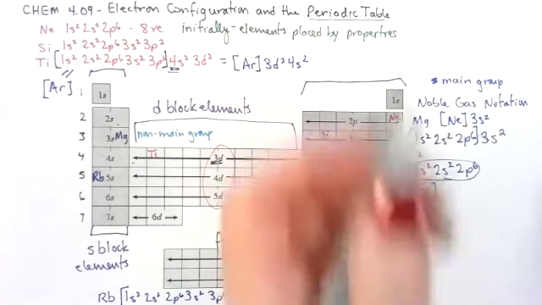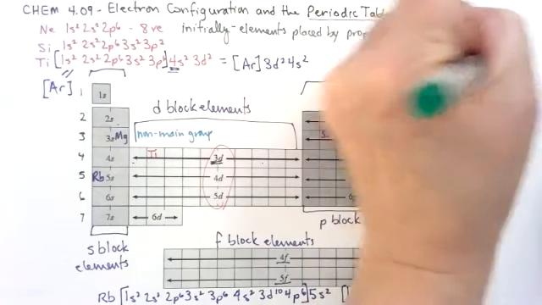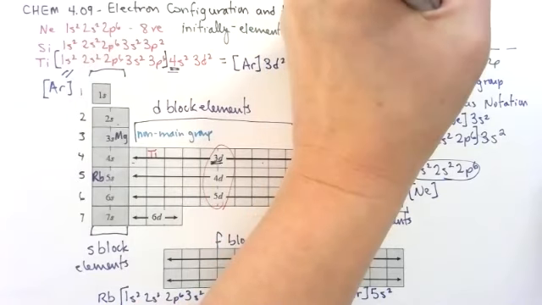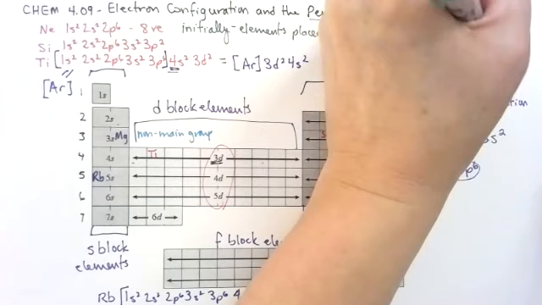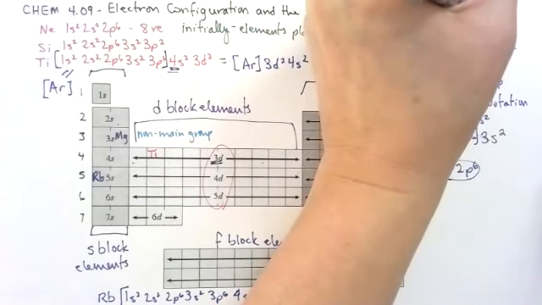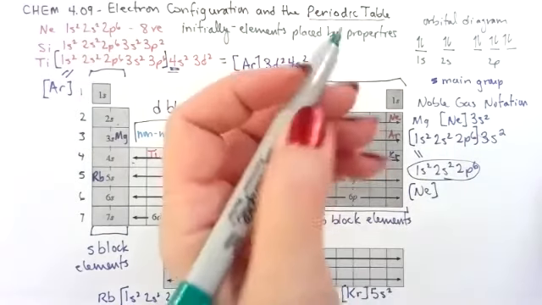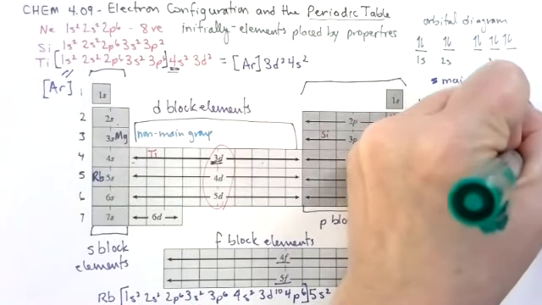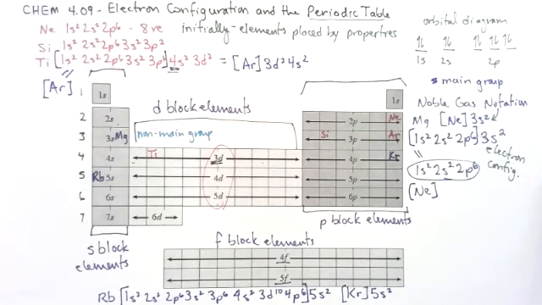If I was doing neon in orbital diagram, I would have 1s, 2s, 2p, and I would fill this way. So remember fill order, you fill those first, then go single. So this is orbital diagram. On the test, one of the most common mistakes is if I ask for orbital diagram and people give me electron configuration. This is noble gas notation, and this is electron configuration. So make sure you know the difference between those 3.